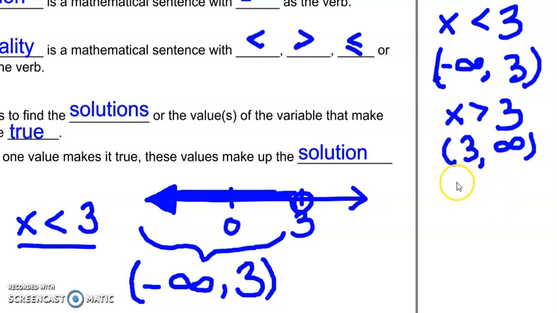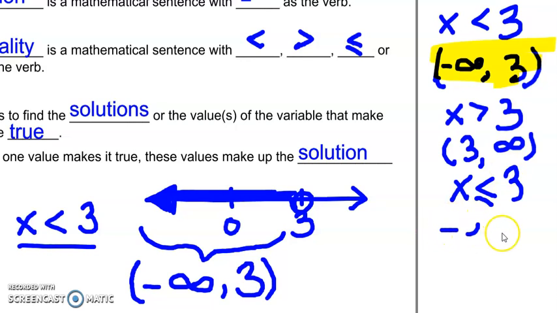Now, 2 other cases that we might have. We might have that x is less than or equal to 3. So you might guess that that's going to be similar to what we have up here with x is less than 3, and you are correct. We would write negative infinity to 3, and we'd use a round bracket on the negative infinity side, but since we are including the 3, we want to use a square bracket.